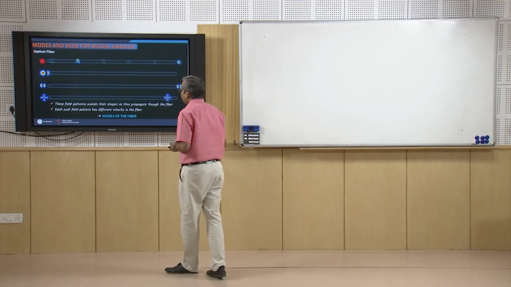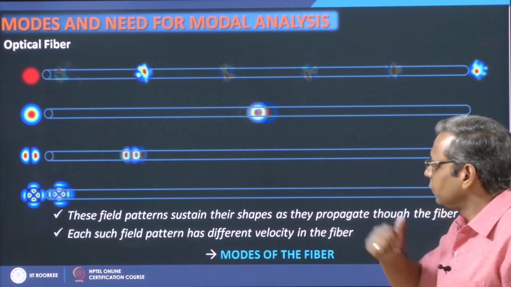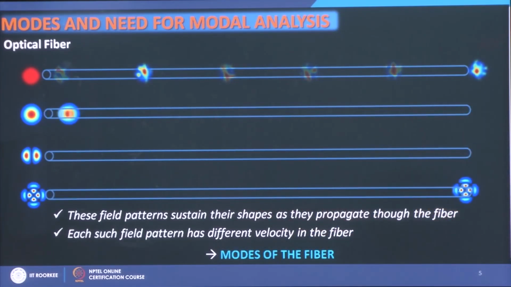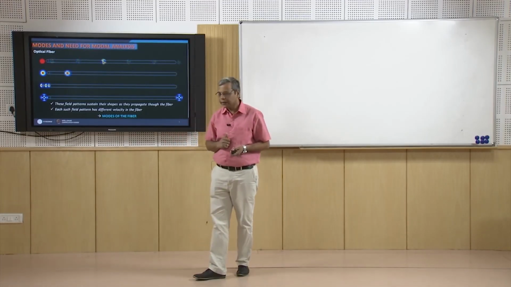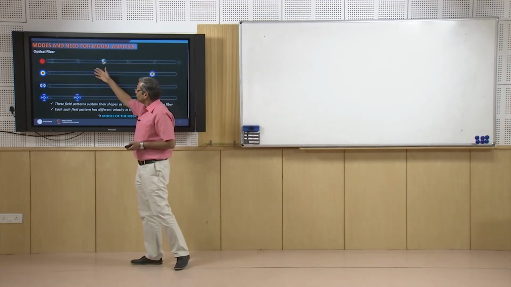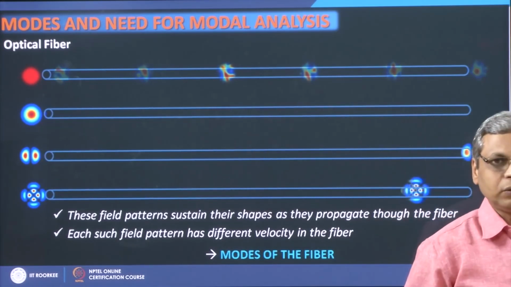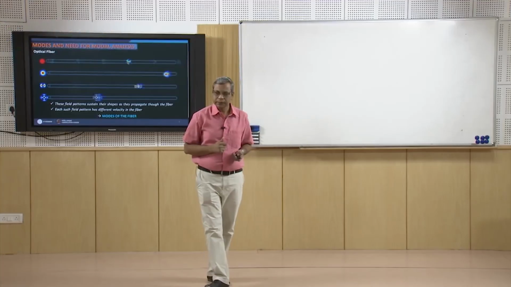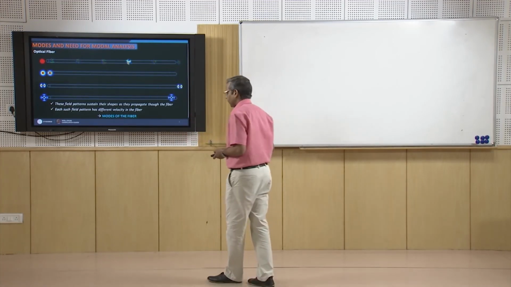And I also find that each of such field patterns has a certain definite velocity, and the velocities of different patterns are different, and I call these field patterns, which are sustained throughout the length of propagation of the fiber, modes of the fiber.